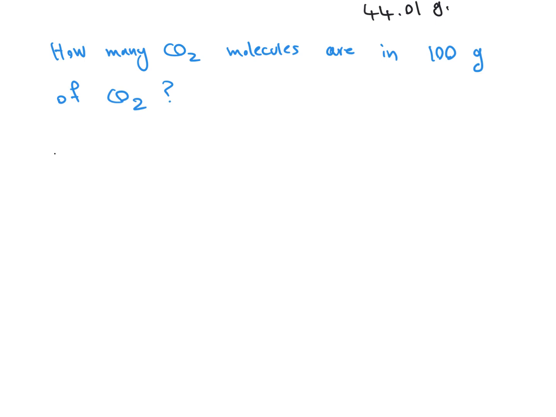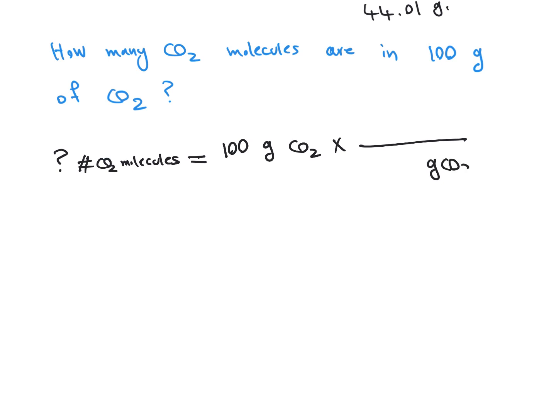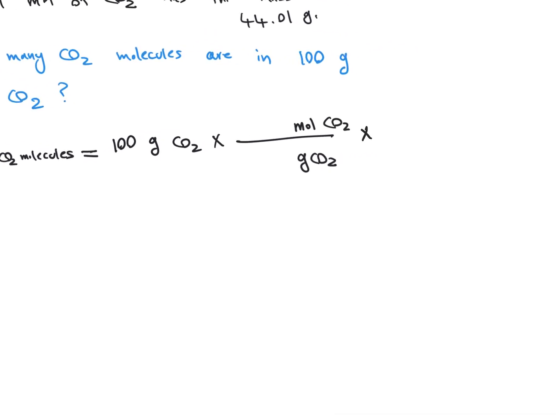I say, how many CO2 molecules equal 100 grams of CO2? How can I convert grams to number of molecules? Can I do that directly with just one conversion factor? No, right? So I convert grams to moles, and I convert moles to number of molecules, right?